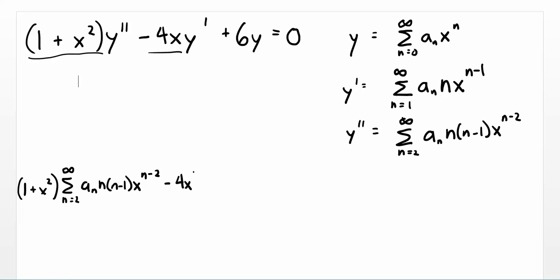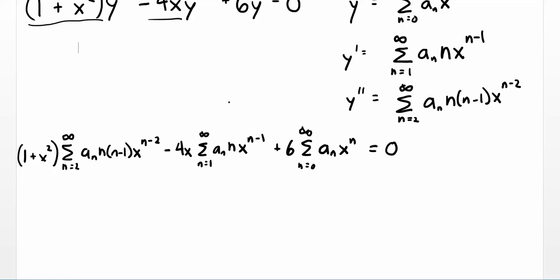Minus 4x, plugging in the first derivative now, the sum of a sub n, x to the n minus 1, and then the no derivative, plus 6 times this series, the sum of a sub n, x to the n. And that's, of course, equal to 0.